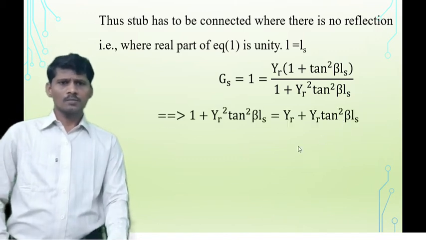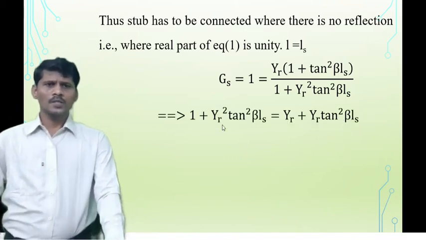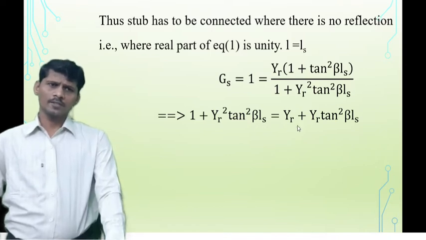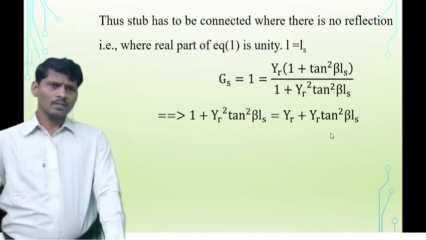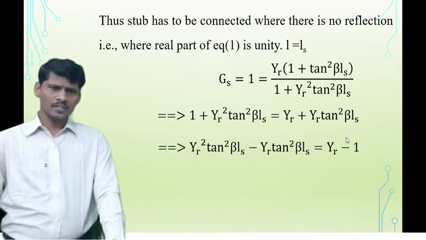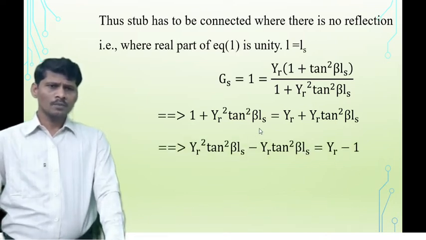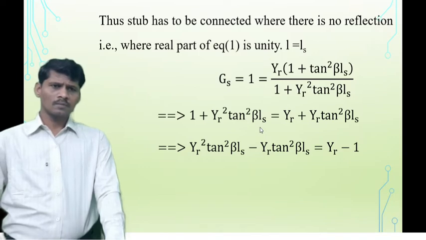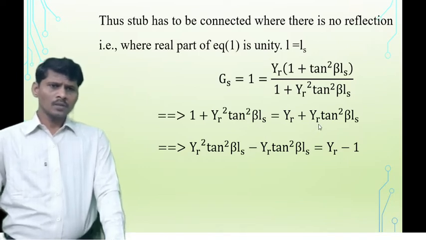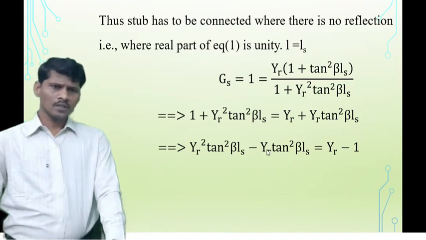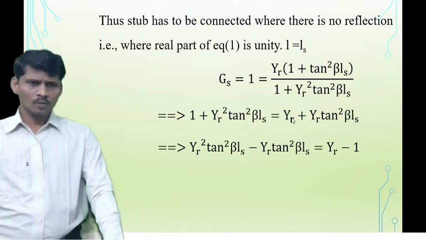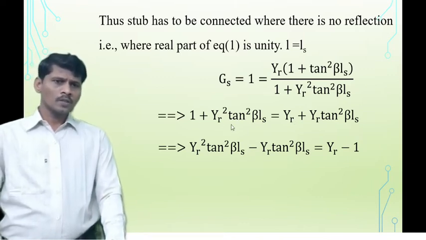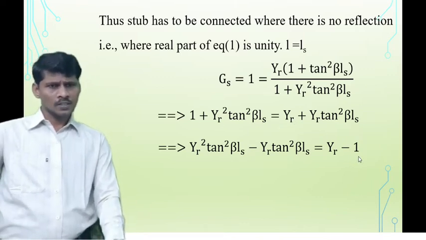Taking the cross multiplication, we get 1 + Yr² tan² βLs equal to Yr + Yr tan² βLs, multiplying Yr within the bracket term. The Yr tan² βLs comes to the LHS as minus Yr tan² βLs, and Yr goes to the RHS as minus Yr, and 1 goes to the RHS as minus 1.